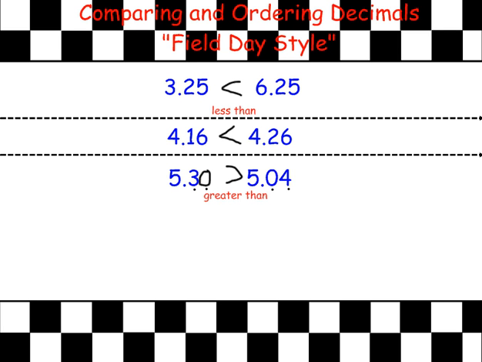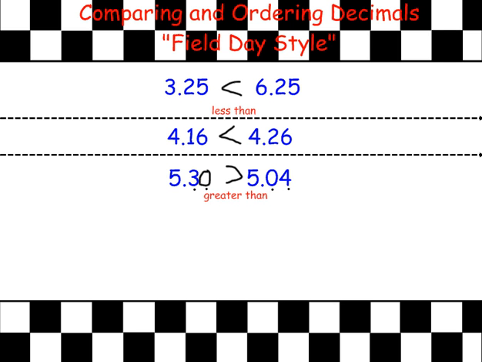This symbol also has a name. We read this math sentence as 5 and 30 hundredths is greater than 5 and 4 hundredths. Now we could also say that 5 and 3 tenths, because this 0 was not here before, it's what we put there to help us to make the race fair, is greater than 5 and 4 hundredths.